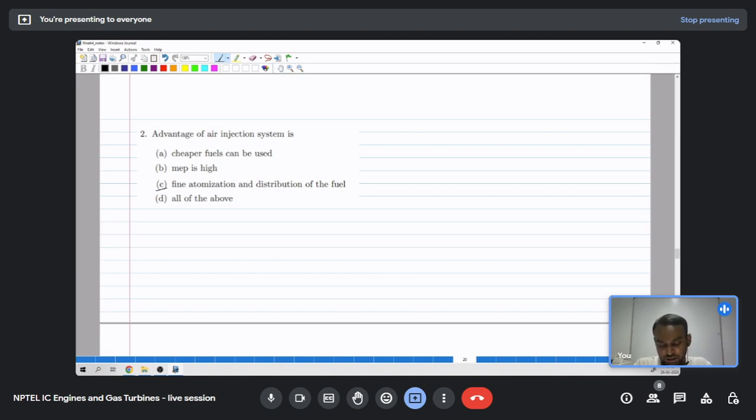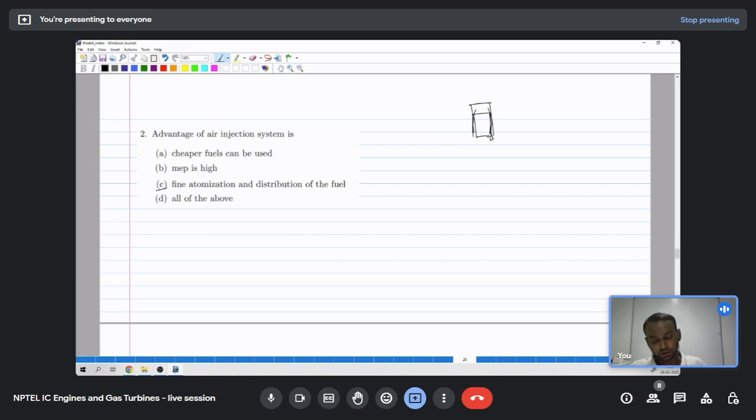We can also use cheaper fuels because with the air injection system we don't have the plunger fuel pump with the plunger arrangement, where the lubricity and everything matters to avoid leaking and also to have proper lubrication. We need to have good quality fuels to operate in a mechanical fuel injection system.